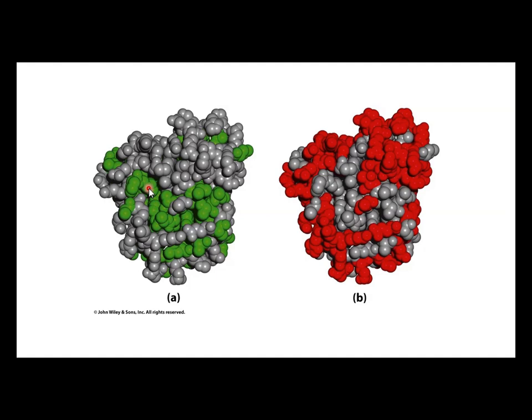And the red here is the polar or charged side chains of amino acids. And you can see that those point out toward the water because they're hydrophilic and they like to interact with water. And these nonpolar ones tend to like to interact with each other instead.